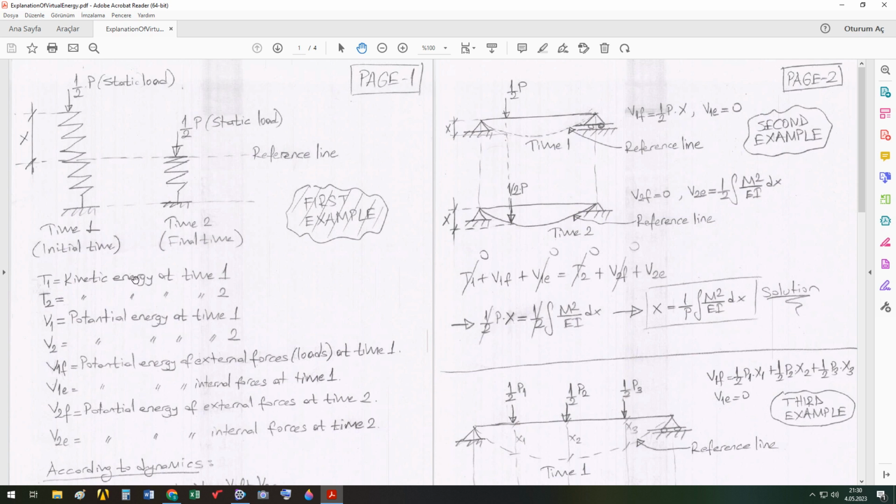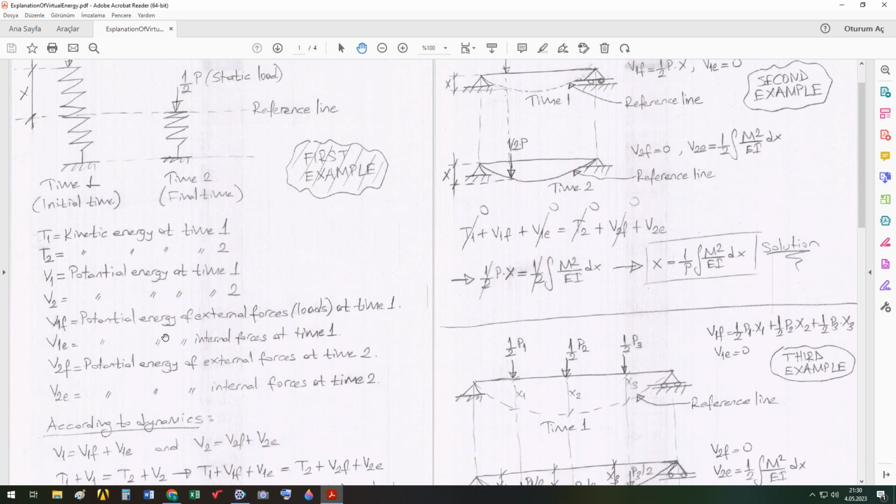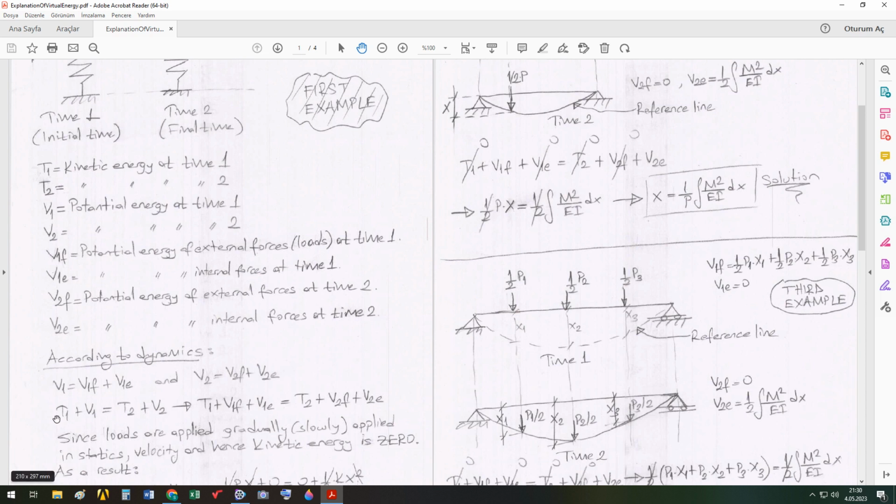So when we are writing our energy equation, you know, energy equation is conservation of energy. We know kinetic energy plus potential energy at one time equals kinetic energy plus potential energy at another time. We can select any time.